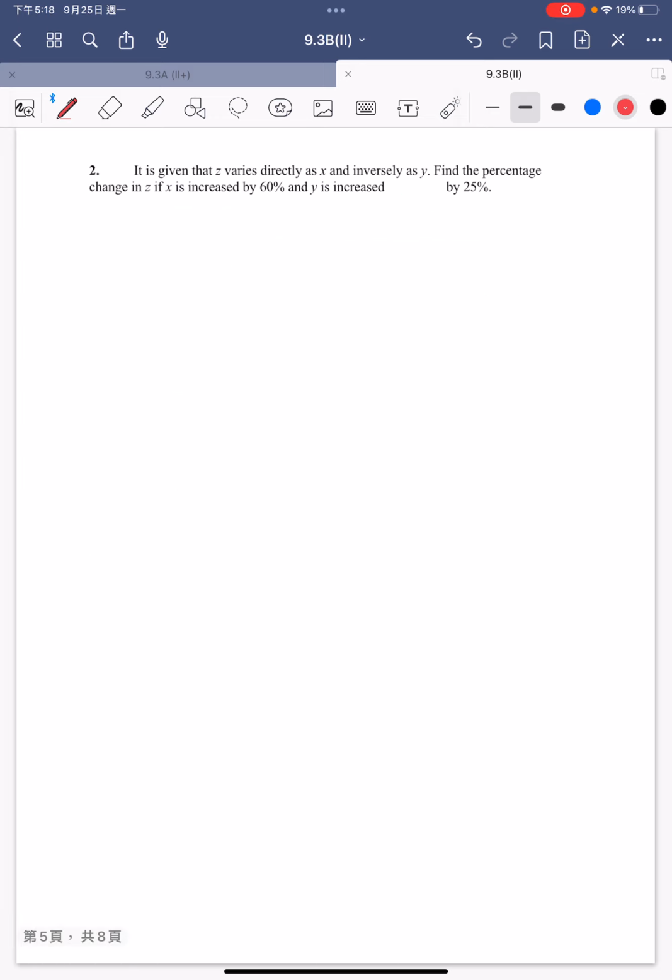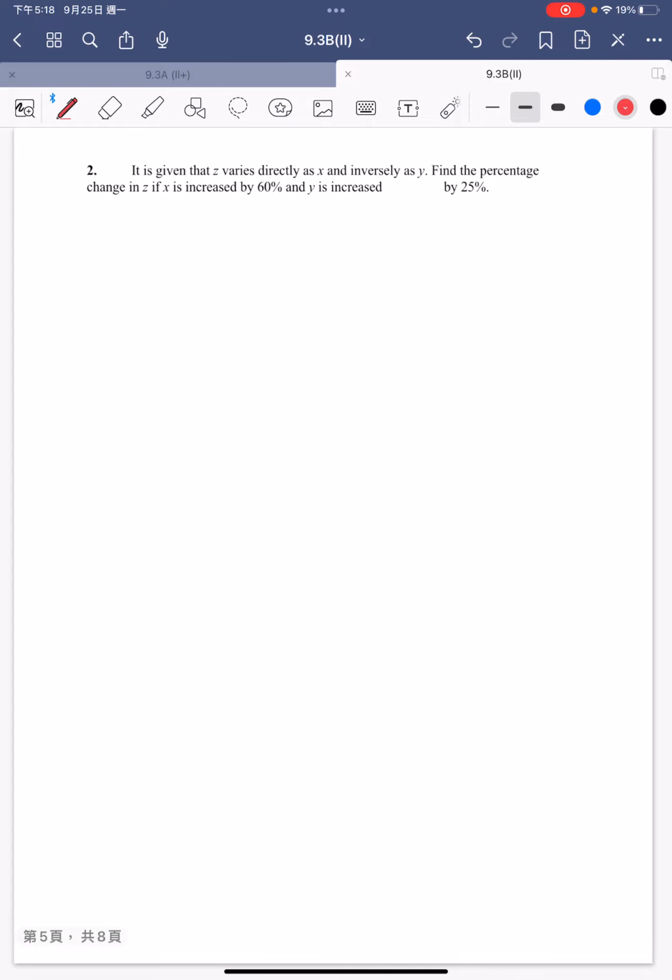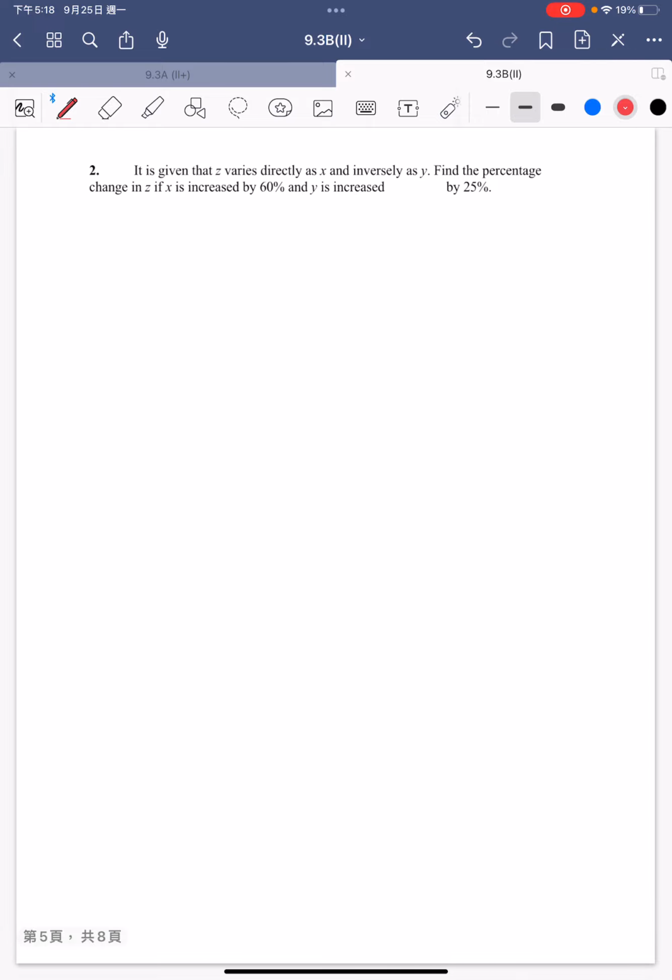Now we can do question 2. It is given that z varies directly as x, so we can say z is proportional to x, and inversely as y, so we times 1 over y. So now we have z is proportional to x over y, which means we can change the proportional sign to equal to k, so we have z equal to kx over y.